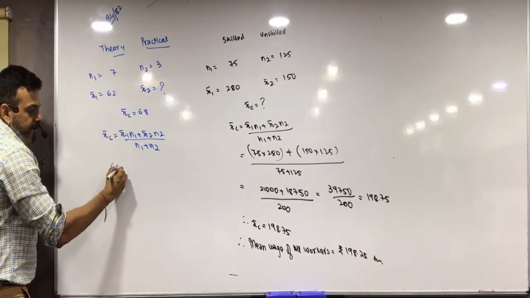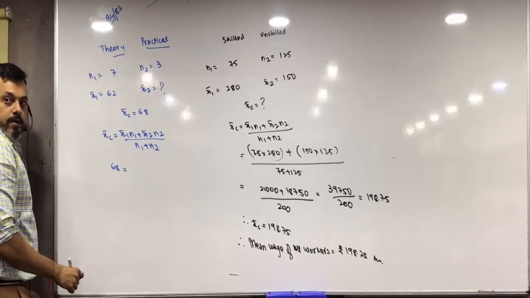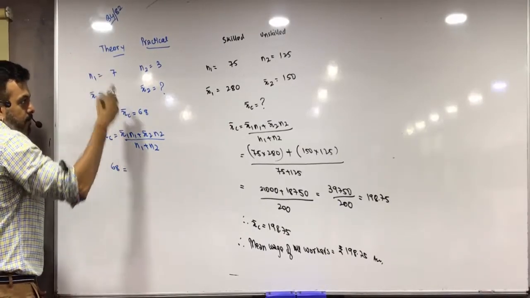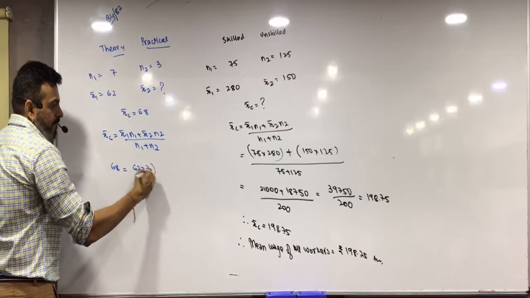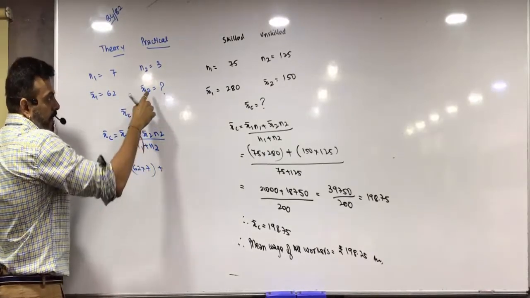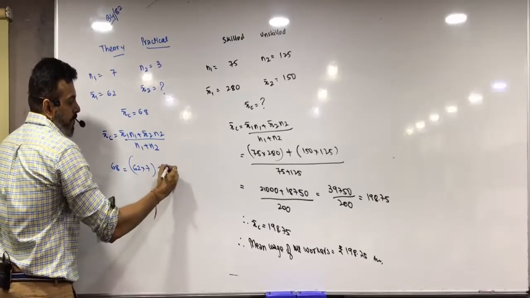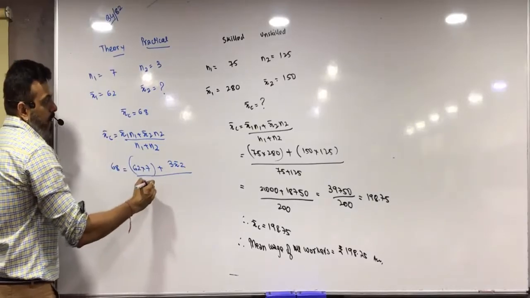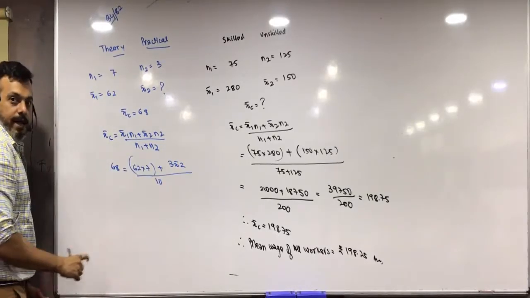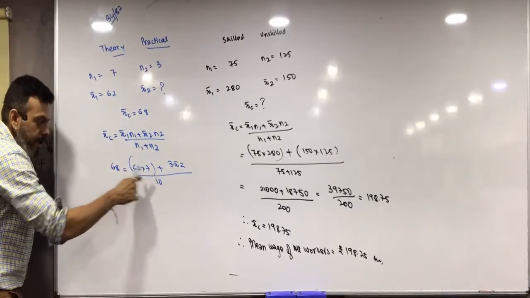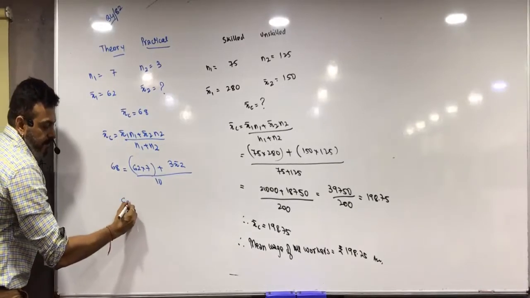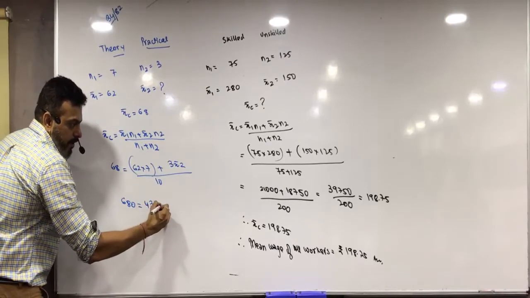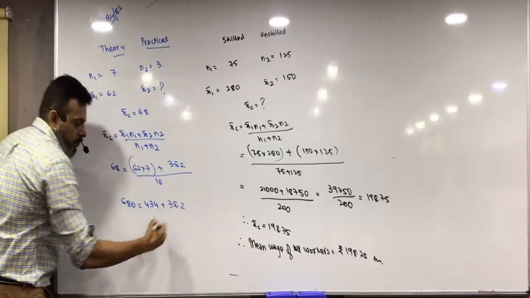X bar C is 68 is equal to X bar 1 N1, so 62 into 7, which is 434, plus X bar 2 is missing and N2 is 3, so 3 X bar 2, upon N1 plus N2 is equal to 10. Now ye 10 jo hai yahan pe aa jayega, so it will become 680. This is how much? 434 plus 3 X bar 2.